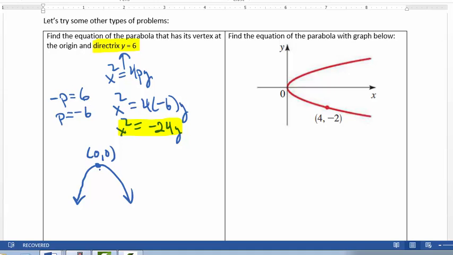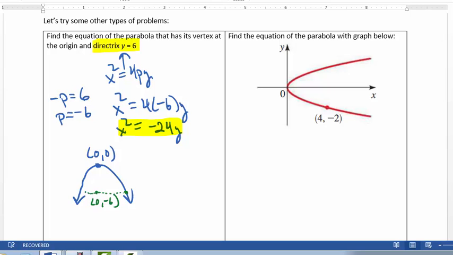And you know the focus is going to be, since the directrix was 6 above 0, 0, the focus is going to be 6 below. So the focus is down here at 0, -6.